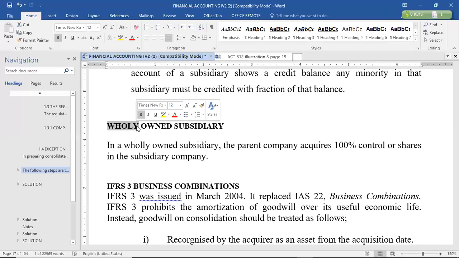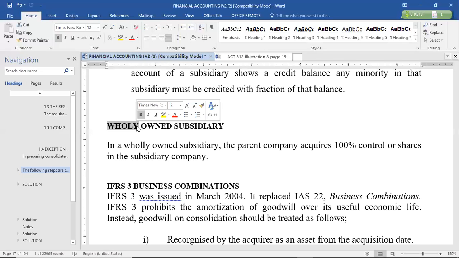Number two, you can have a situation where the parent owns more than 50%, but less than 100%. Are you getting it? So let's say they own 60%, 70, 85, 99, 98, 97. Then in this case, the subsidiary is not a wholly owned subsidiary because the parent did not own everything.